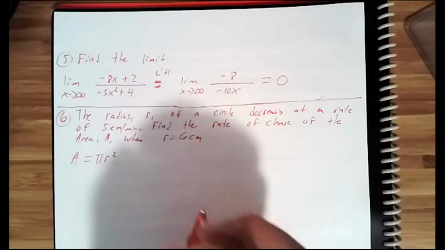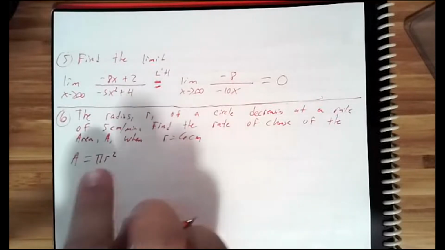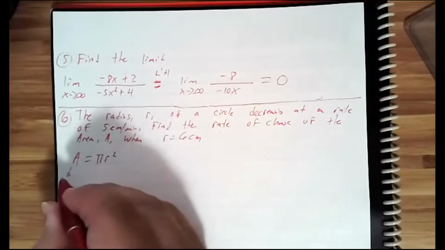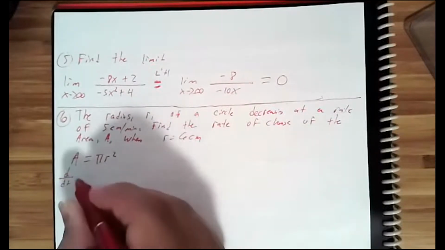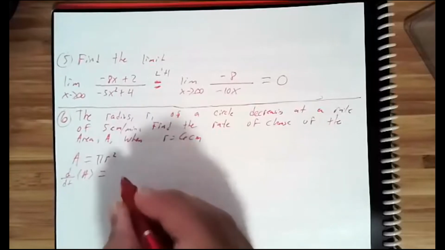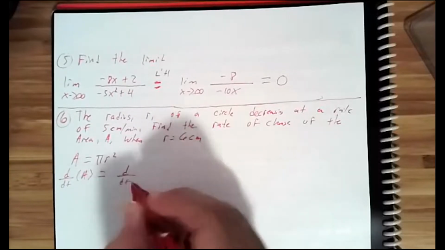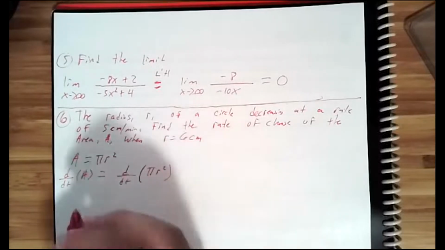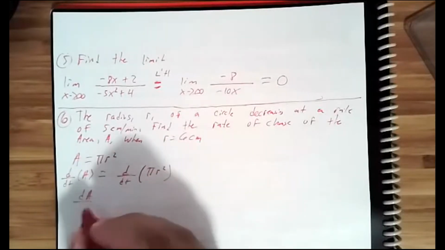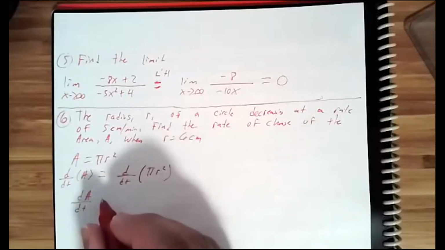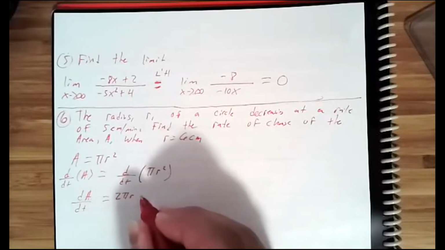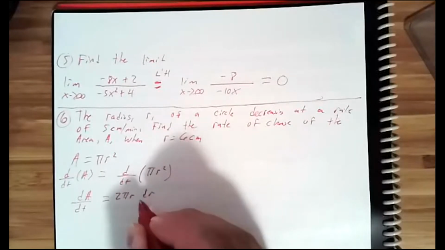If we take a derivative of this implicitly, so d with respect to time, we will get dA dt equal to 2 pi r dr dt.